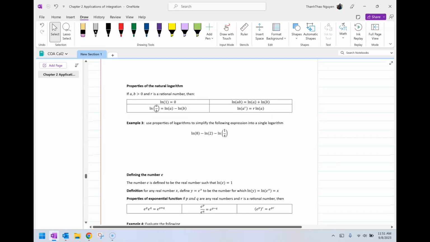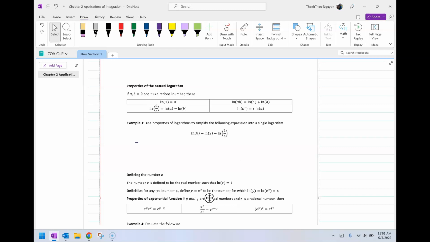Use the properties of logarithms to simplify the following expression into a single logarithm. So ln of 8, I can rewrite this as ln of 2 to the third, minus ln of 2, minus ln of 2 to the negative 2.